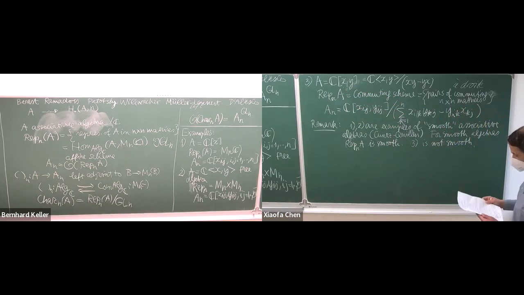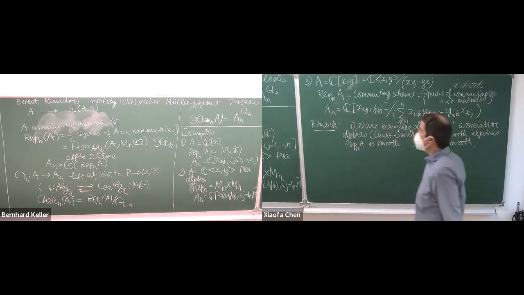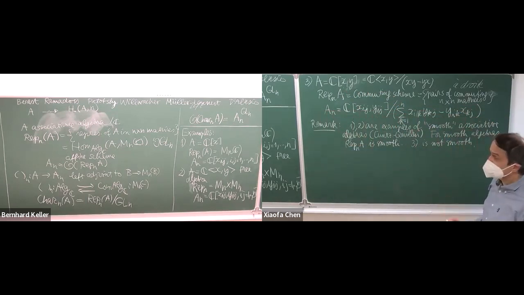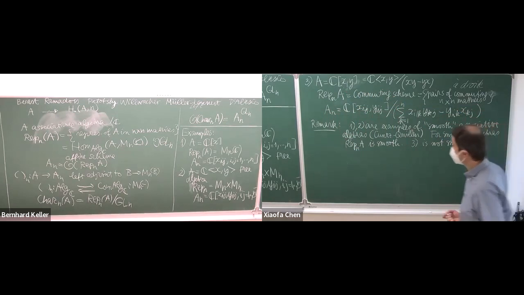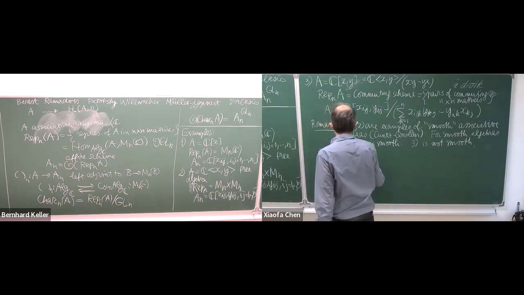Okay, so then before I introduce example 4, which is related to quivers, I need to introduce a variant of this story, which is the relative version. Namely, what we consider is an algebra homomorphism.